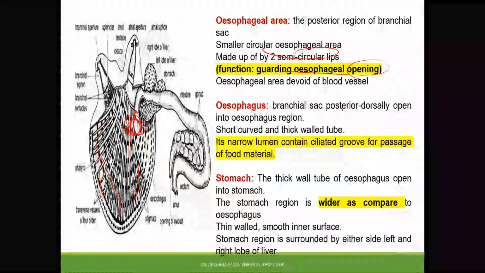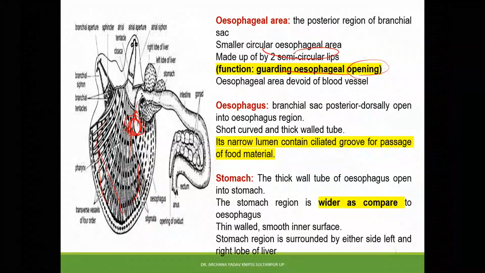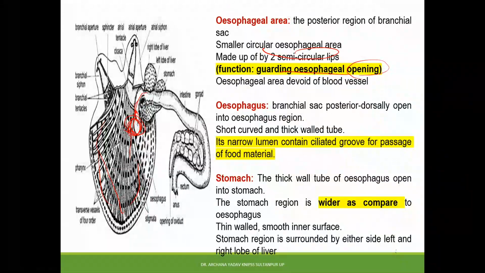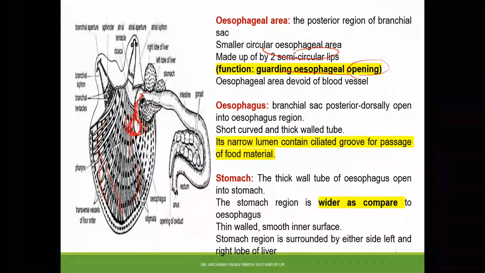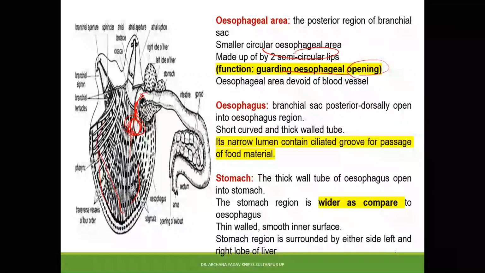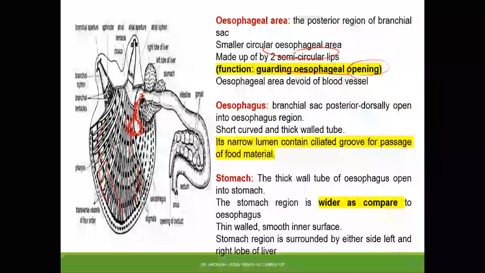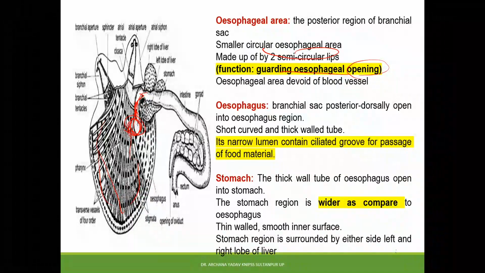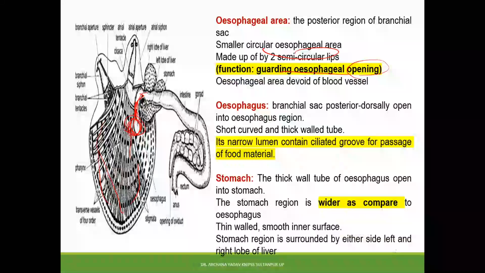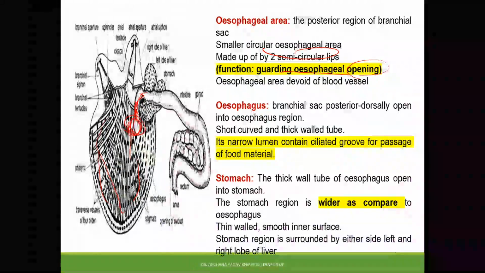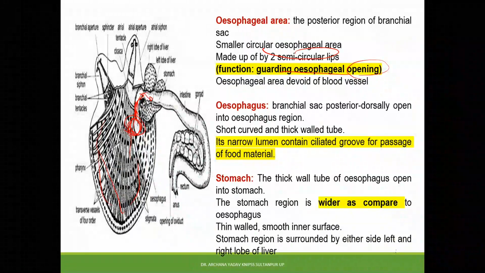The branchial sac is posteriorly or dorsally open into the esophagus. It is very short and curved, its wall is thick and tube-like, and it has a narrow lumen, not very wide. It contains cilia to make a passage for food material. Next, the esophagus leads towards the stomach.